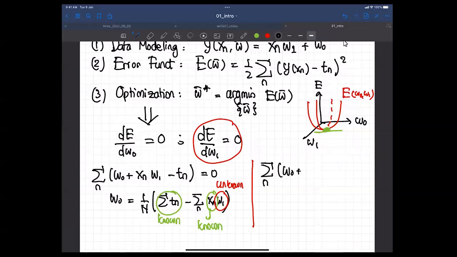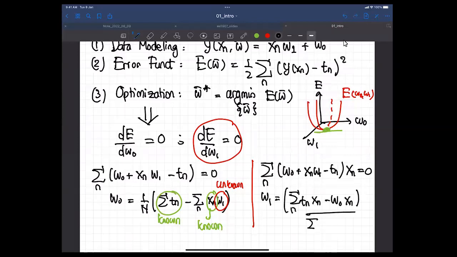W0 plus xn W1 minus Tn, multiplied by xn, equals 0. It's the derivative with respect to W1. In this case, W1 equals the sum over n of Tn xn minus W0 xn, divided by the sum over n of xn squared.